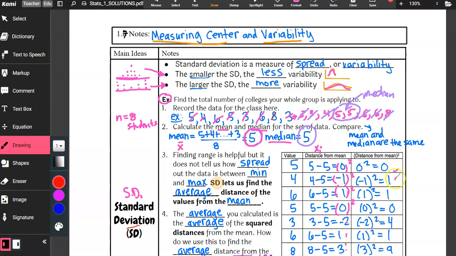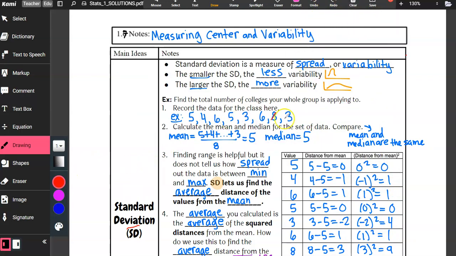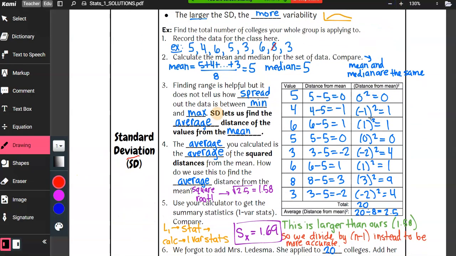That's how we get 0, 1, 1, 0, 4, 1, and 9. So it doesn't matter that we got negative values here. When you end up squaring it, you get a positive value. Okay. So moving on.